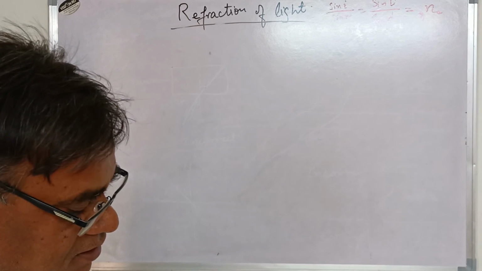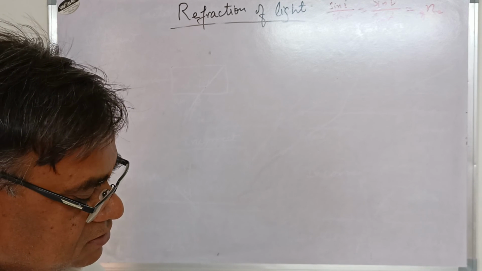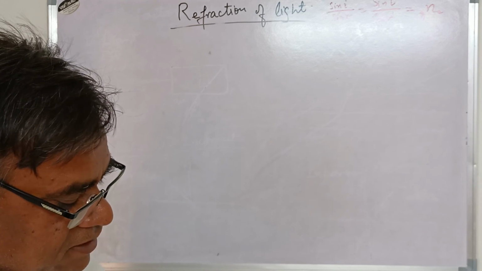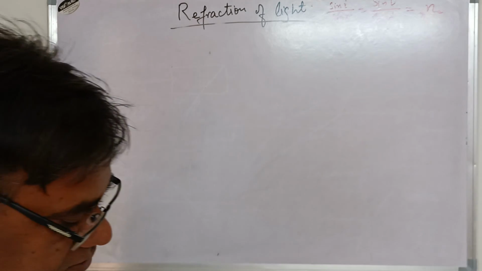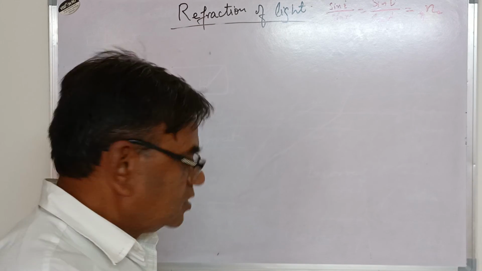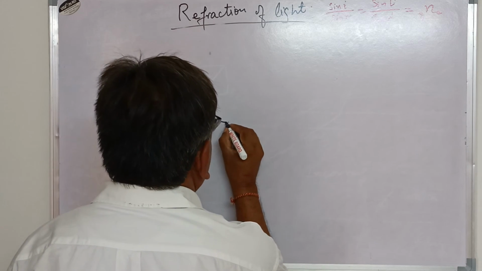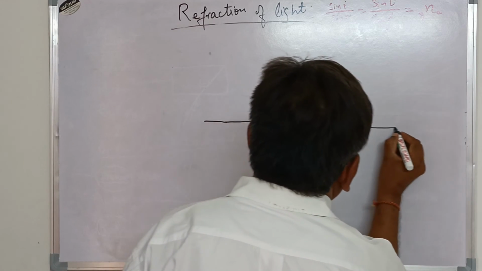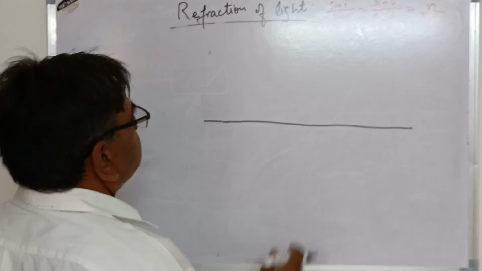A vertical ray of light strikes the horizontal surface of some water. What is the angle of incidence? What is the angle of refraction? Let this be the water surface. Let this be a pond, the water is filled up.